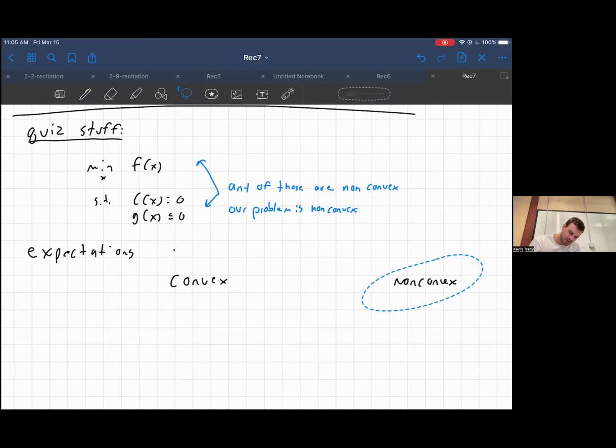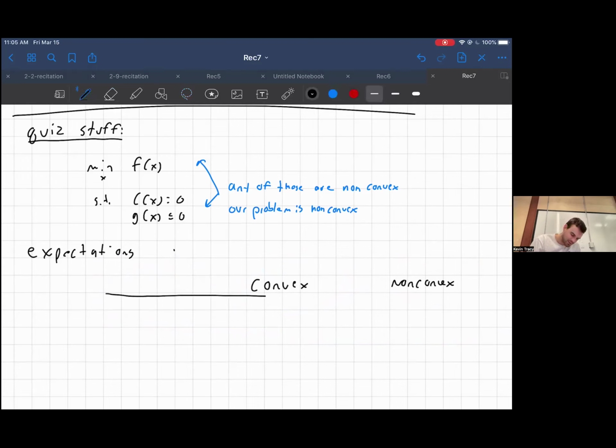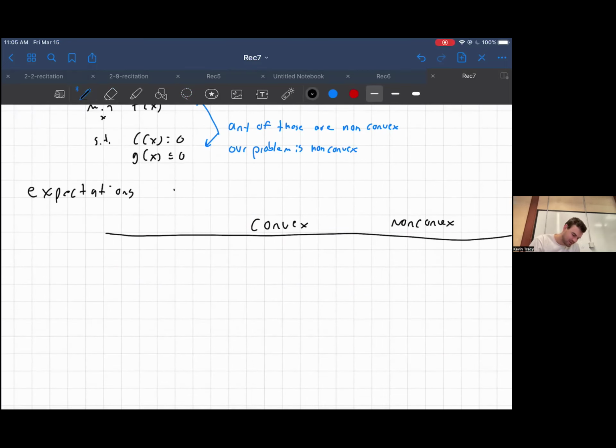The point I'm about to get at should be very clear by the end of this. Because we do so much non-convex, nonlinear stuff in this class, it's easy to get comfortable with that term and that idea, but we should really know just how dangerous this is.